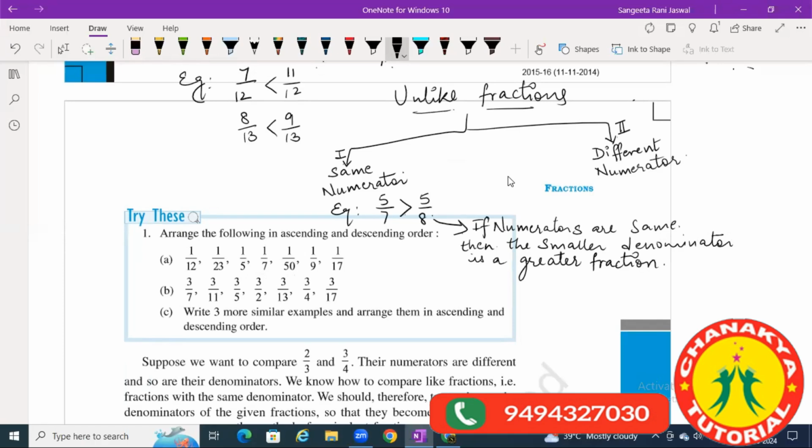If the numerators are same, then the smaller denominator is a greater fraction.